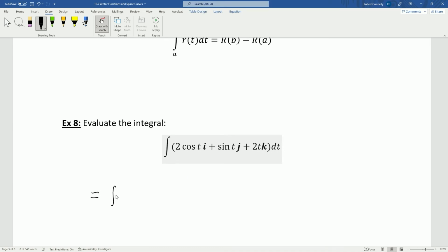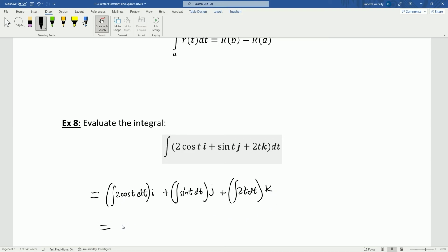So for this, we just break it down into its components. The integral of 2 cosine of t dt times i. And remember, it's the integral times i. So first you evaluate that, plus the integral of sine of t dt times j, plus the integral of 2t dt times k.